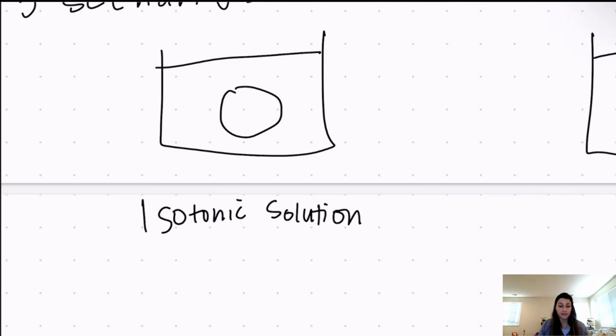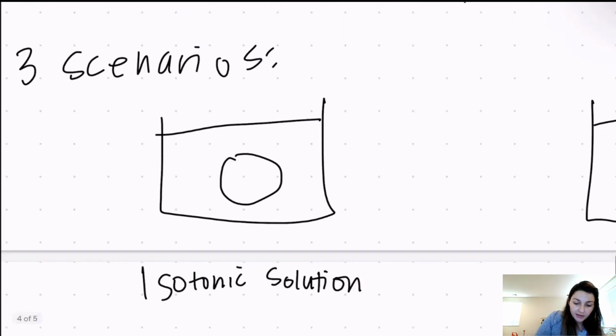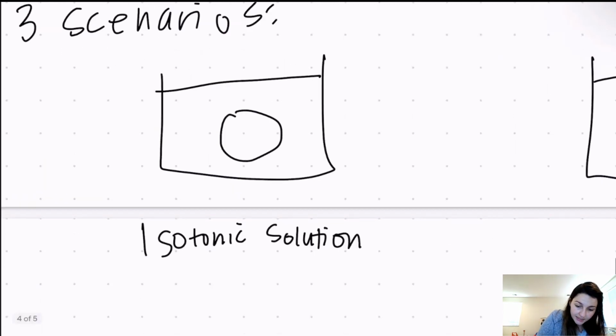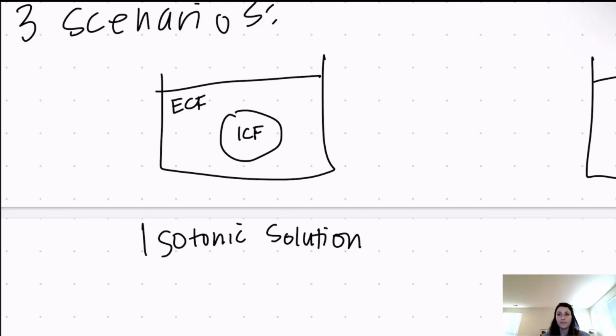I'm not saying the cell is isotonic. I'm saying that the solution is isotonic. And what that means is that when we're comparing the concentrations in the ECF to the ICF, those concentrations of water are equal.